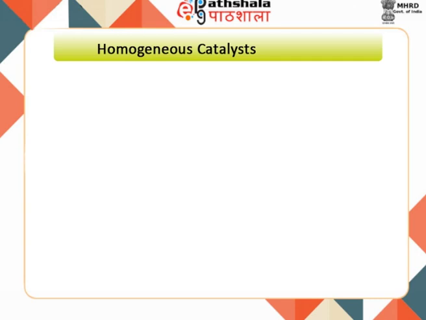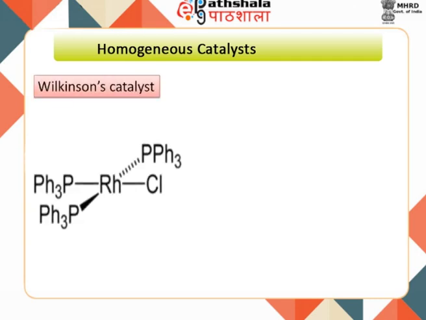There are a large number of homogeneous catalysts. The most common are based on rhodium and ruthenium complexes. For example, tris(triphenylphosphine)chlororhodium, Wilkinson's catalyst, and tris(triphenylphosphine)chlorohydridoruthenium.